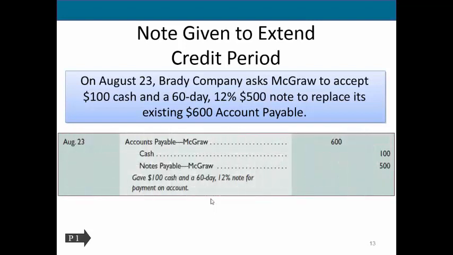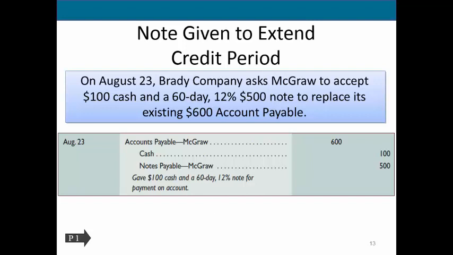So here we have an example of a note given to extend a particular credit period. In August, a company asks someone that they have purchased something from to accept $100 of cash and a 60-day 12% note payable. And they're doing this because they have an existing account payable that they're not ready to pay on.